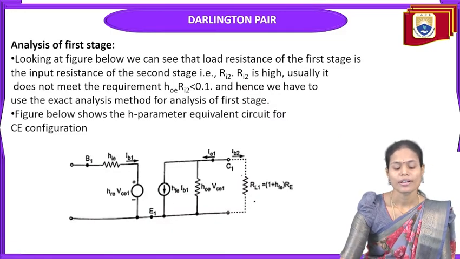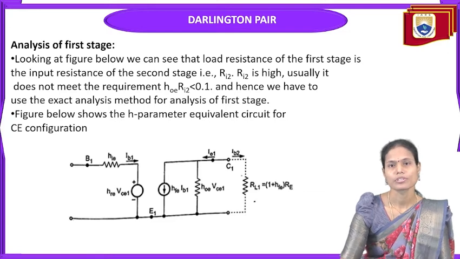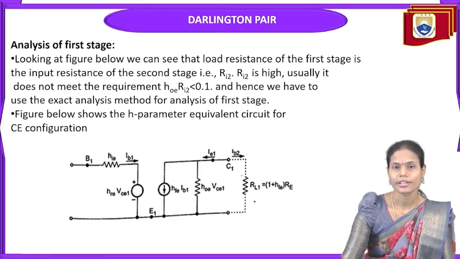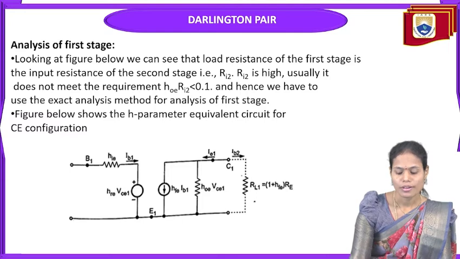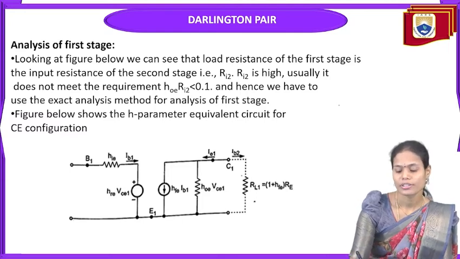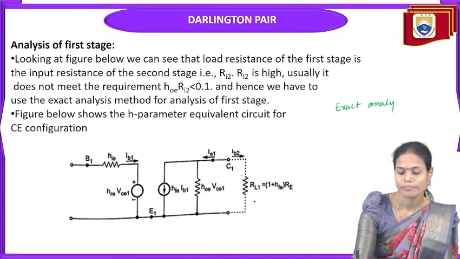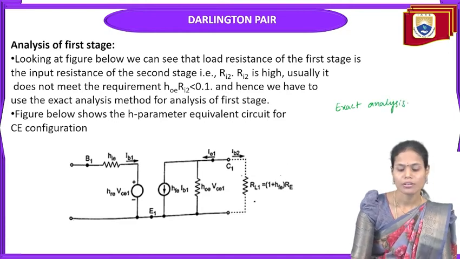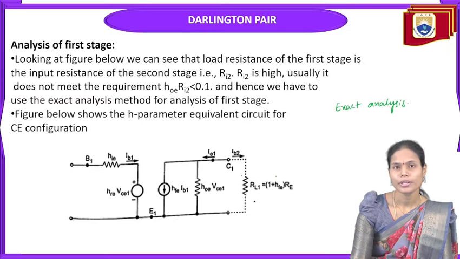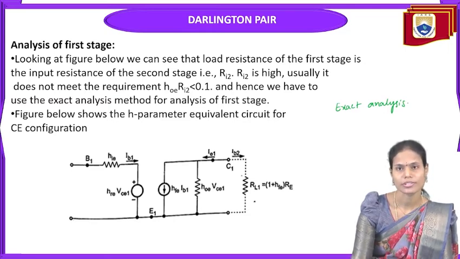Next we have to analyze the first stage. Till now we have analyzed the second stage and calculated the current gain as well as the input impedance provided by the second stage. In the first stage we are going for the exact analysis, as I have already mentioned. Why? Because the input impedance of the second stage acts like the output load for the first stage.